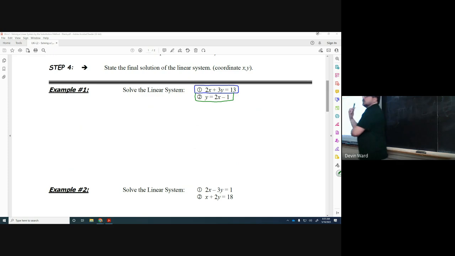Just to help with the colors, I'm going to keep equation 1 blue and equation 2 green. Equation 2 is already isolated for y.